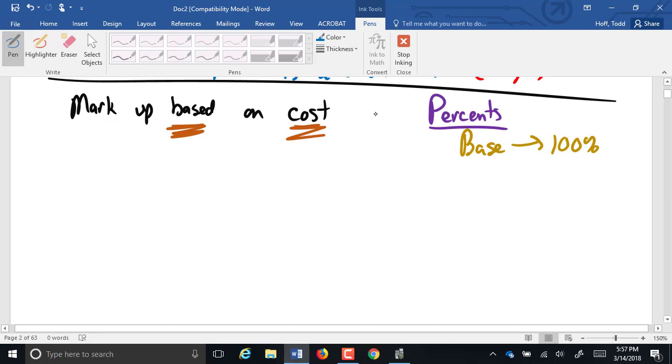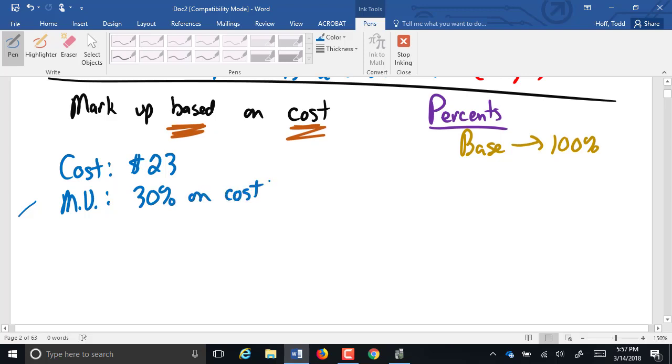So let's say we have an item that costs $23. Our markup is 30% on cost.